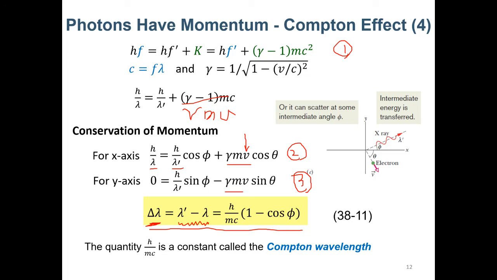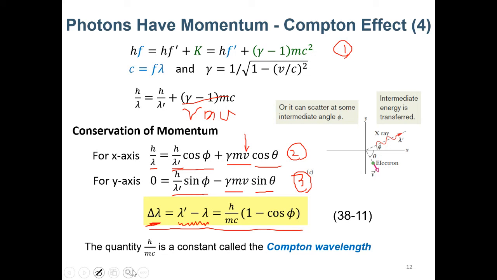A simple idea is that you move this term and this term to the left, and then you square both equations and add them together, so that cosine theta squared and sine theta squared become 1, and we can eliminate theta first, and then so on. It takes some steps to really derive it.